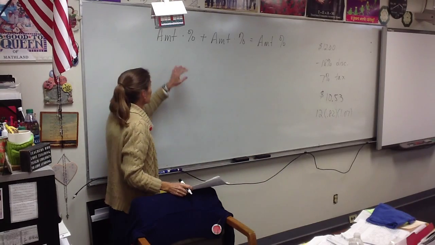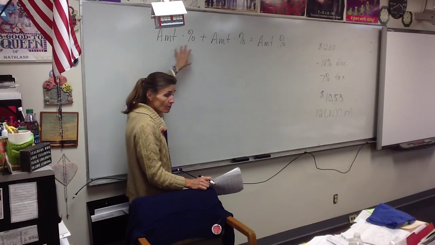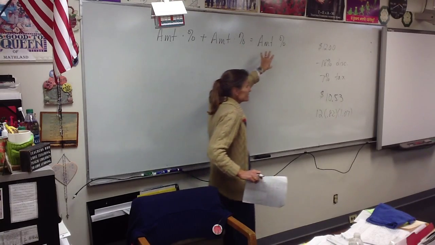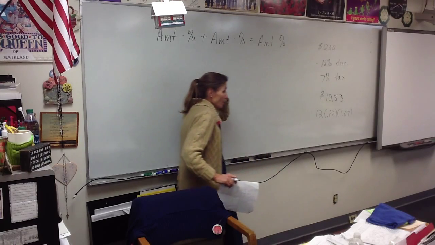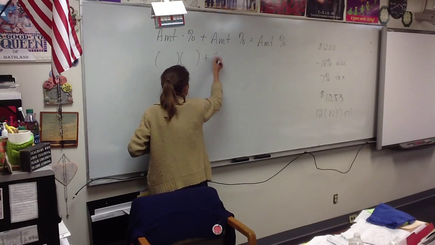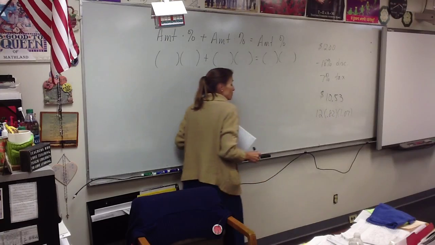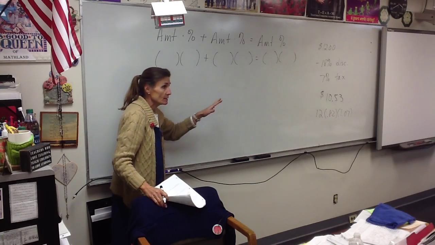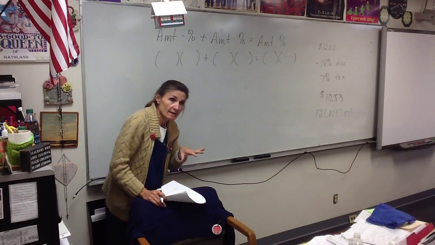So in other words, these are the two that you are mixing together, and this is the final product. Now, there are 6 quantities in the problem. If you look at amount percent, amount percent, amount percent, there's 6 of them. You're always going to know 4 of the 6.